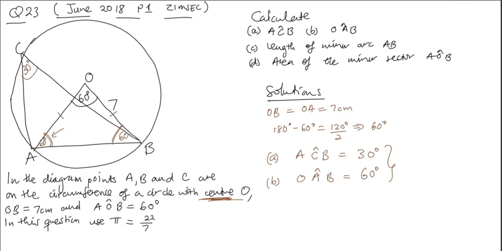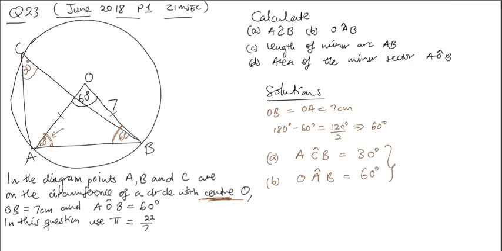All right, now let's move on to part C, calculating the length of a minor arc. Okay, now we need to make sure that we get things straight, right? So this is what happens now if you have a circle and you've drawn some chords and stuff.